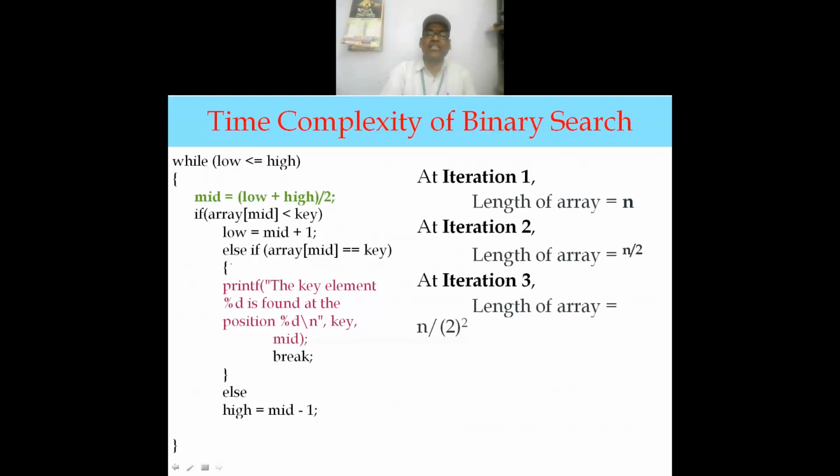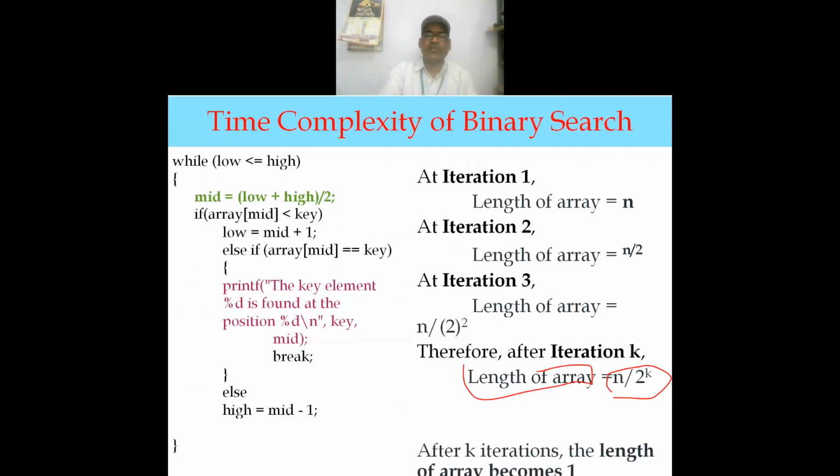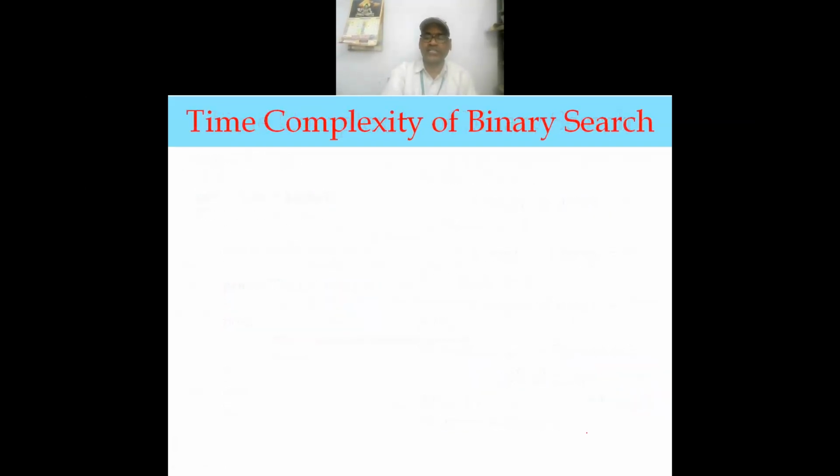In the third iteration the length becomes n by 2 squared. Therefore, after the kth iteration, the length of the array becomes n by 2 power k. After k iterations, the length of the array ultimately becomes 1.